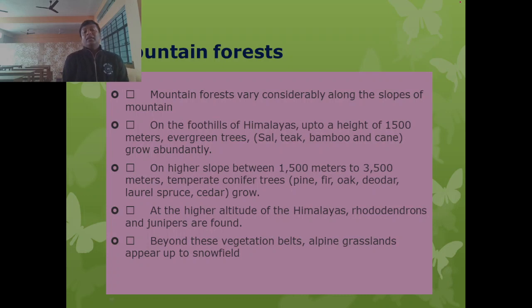At the high altitude region of the Himalayas, junipers and rhododendrons are found. Beyond these vegetation belts, alpine grasslands appear up to the snowfields.